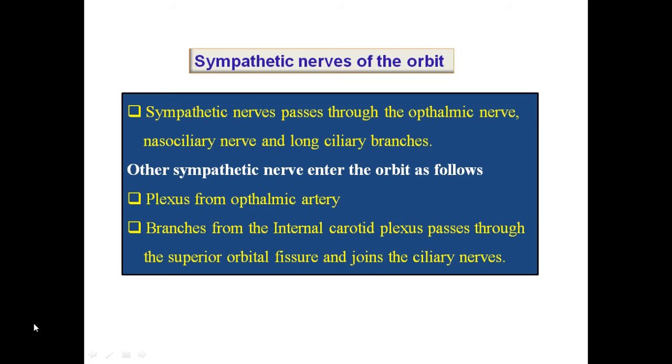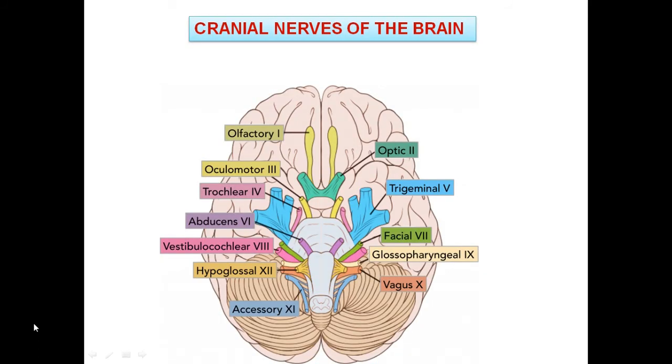Let us see the cranial nerves of the brain. The 12 cranial nerves are attached to the entire brainstem and brain. Regarding today's topic, the oculomotor nerve is purely motor in nature, and arises from the ventral aspect of the brainstem, particularly the midbrain.